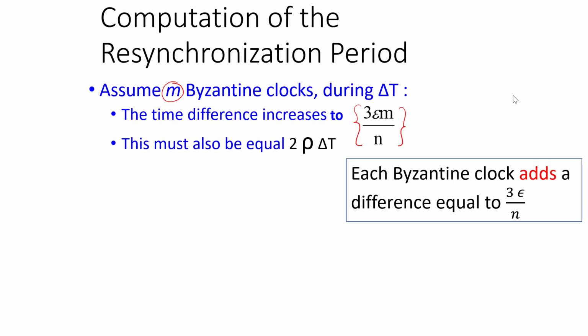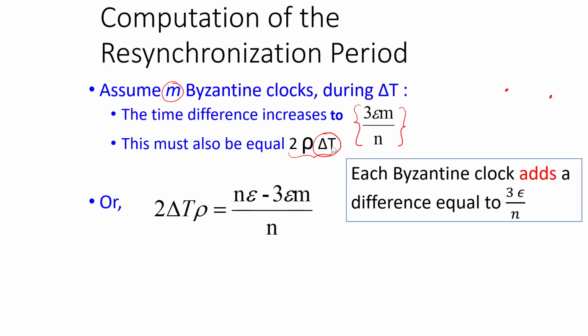Furthermore, if I take the rate of drift of every clock with respect to the UTC as rho, we have seen in the earlier lectures that the maximum divergence between two clocks in a period delta t can be 2 rho times delta t.